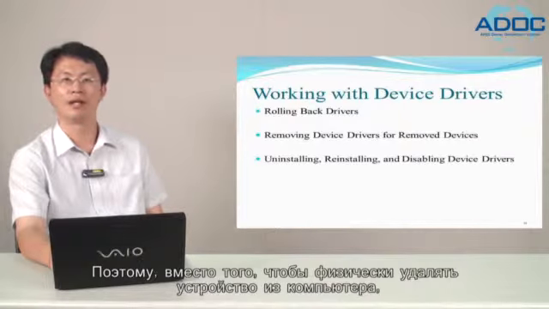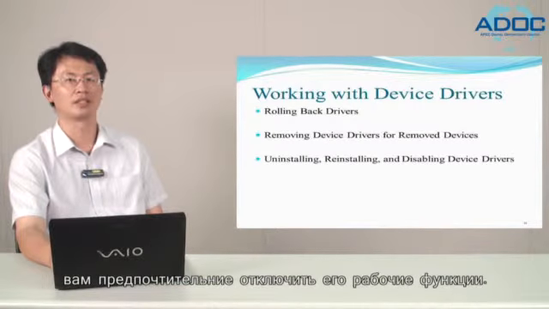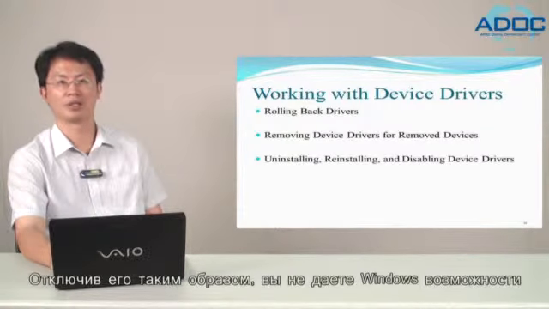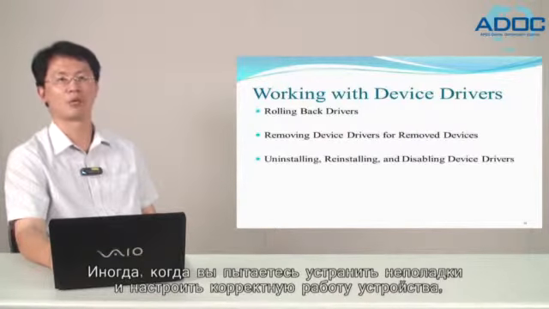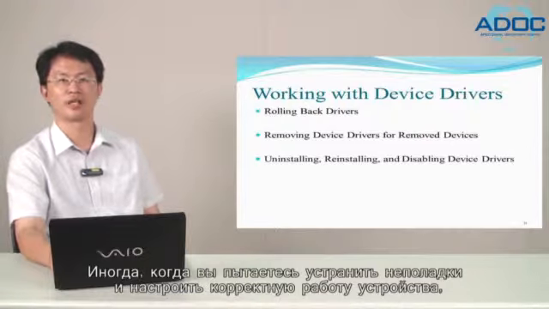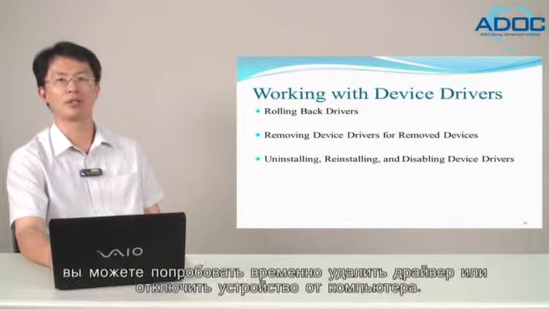So, rather than removing the device, you will want to disable it. Disabling the device prevents Windows from reinstalling the device automatically the next time you restart the system. Sometimes, when you are troubleshooting and trying to get the device to work properly, you might want to uninstall or unplug the device temporarily.